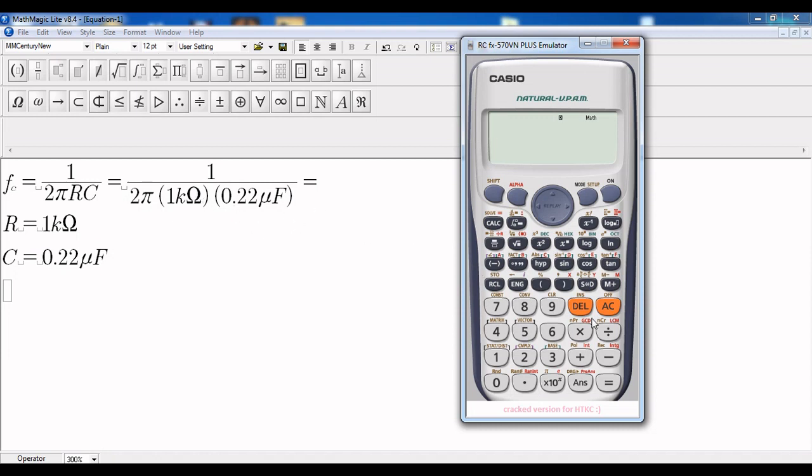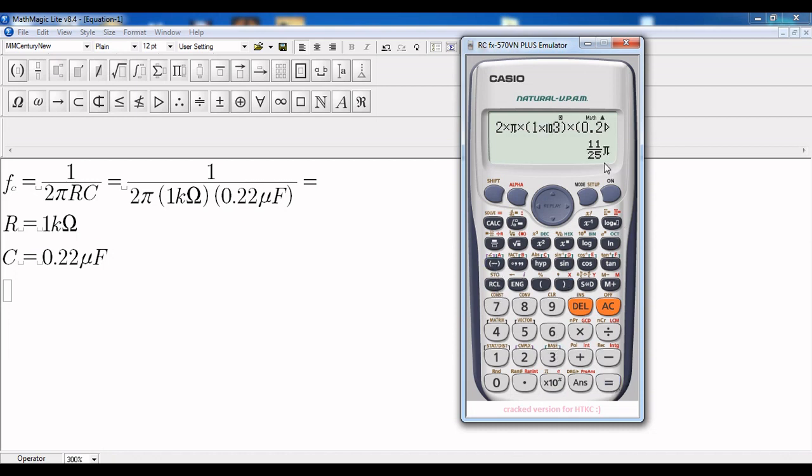So that will be 2 times shift pi multiplied by 1 exponent 3. Remember that kilo means exponent 3. Multiplied by 0.22 microfarad. Microfarad is exponent negative 3.